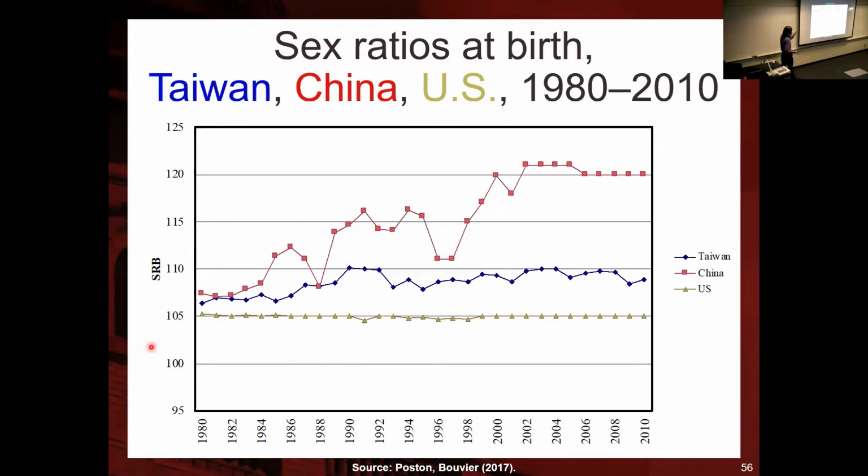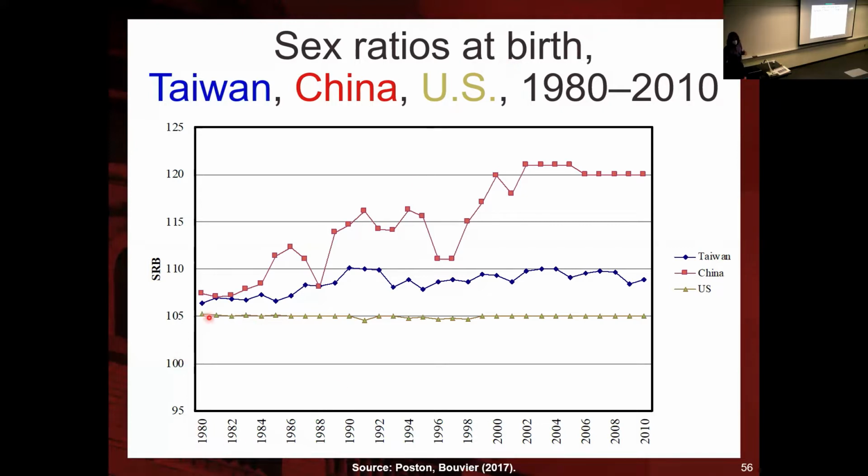So see here, the horizontal axis is also time from 1980 to 2010. But now we are talking only about sex ratios at birth, only one specific age. How many boys and how many girls were born in that specific year from 1980 to 2010 in Taiwan, China, and the US.